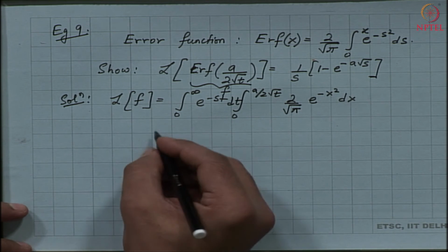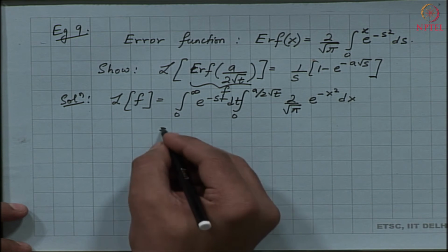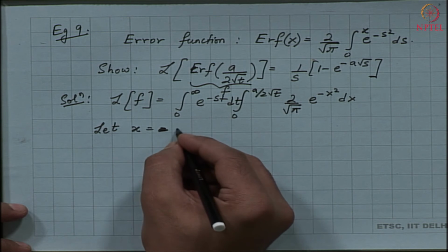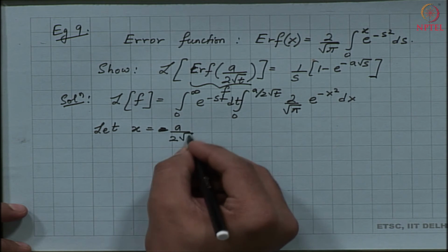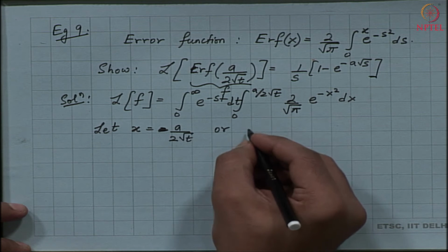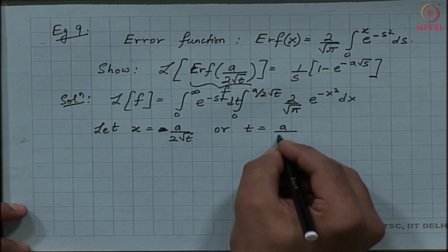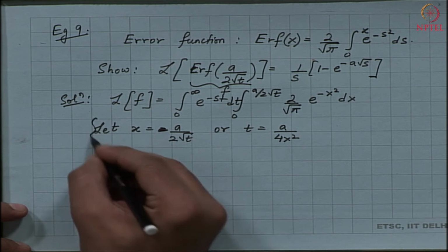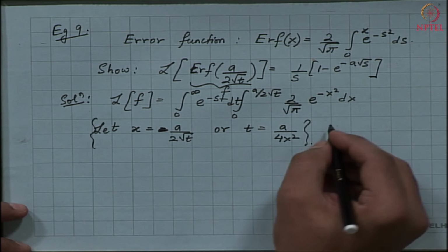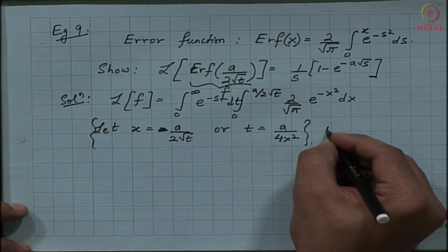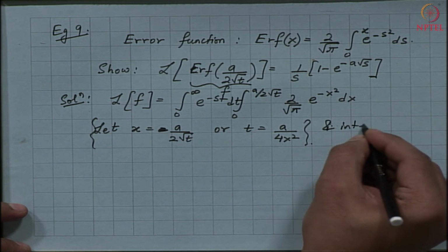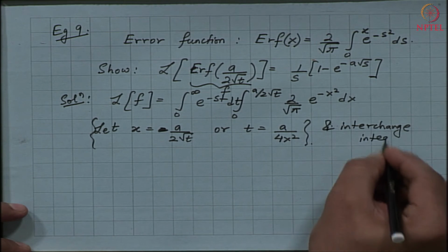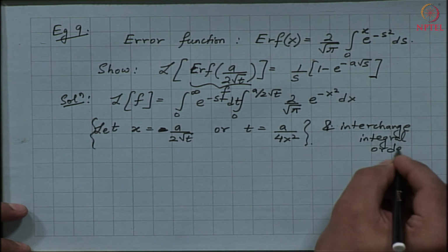Okay. So, I am going to substitute x equals a by 2 square root t, or t given by a square by 4 x square. Let us substitute the following, and I am going to interchange the integral order as well. Okay.